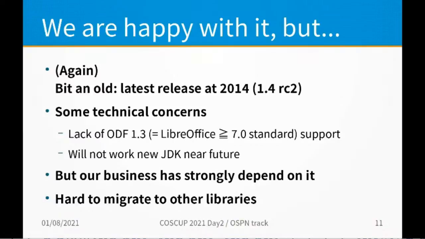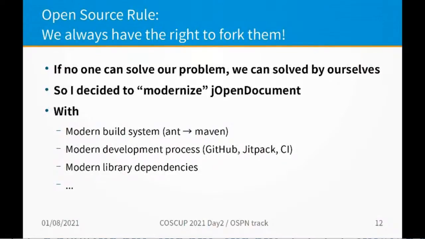But our business strongly depends on jOpenDocument. We know we have a lot of good alternative Java libraries, but it is very hard to migrate to other libraries. So I think of the open source rule: we always have the right to fork.